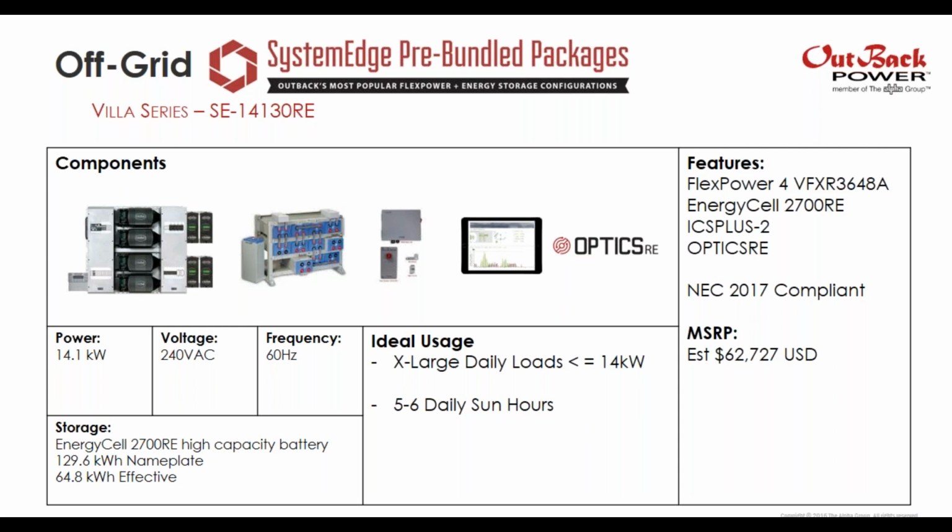You've got 4 FM80s on there, so you can have 16 kilowatts of PV, and it's got a 130 kilowatt hour battery. So I mean that's 65 kilowatt hours usable on a daily basis, which is enough for even a pretty large home, and should handle reasonably efficient heating and cooling systems.